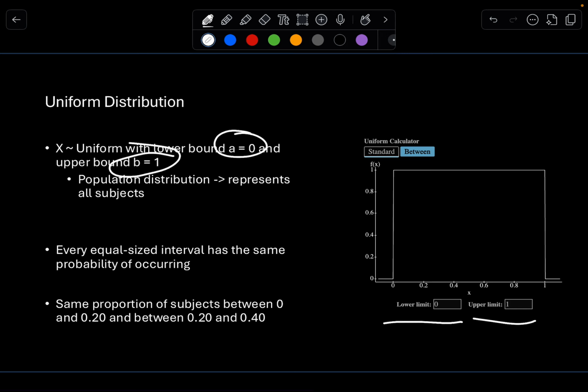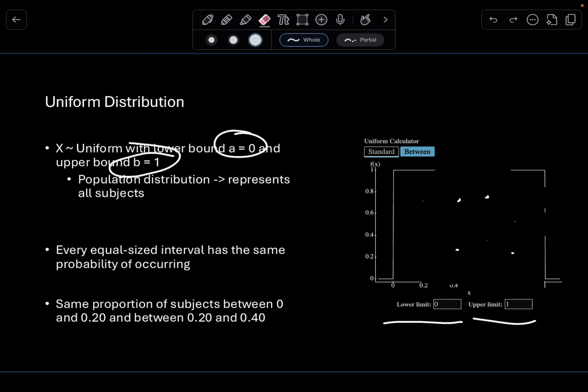What this means with a uniform distribution: let's say we're going to use an interval of size 0.20. If I cut these slices of 0.20, all of these probabilities are the same. Now we have 1, 2, 3, 4, 5 intervals, and it's equally likely that we land in any of these intervals.